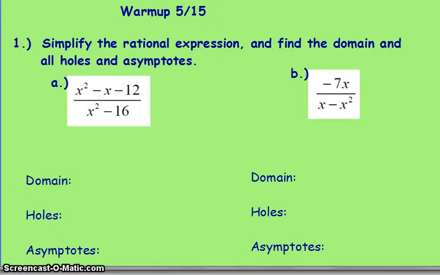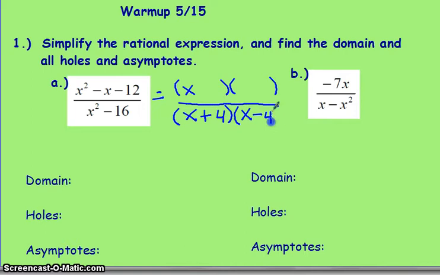Now that you've had time to complete the warm-up problems, let's remember how we do these. I'm going to begin by factoring the numerator and the denominator and seeing if there are any common factors that cancel. I recognize below that that's a difference of squares, and so the factor for that is going to be x plus 4, x minus 4.